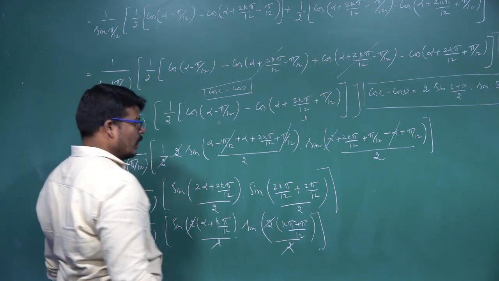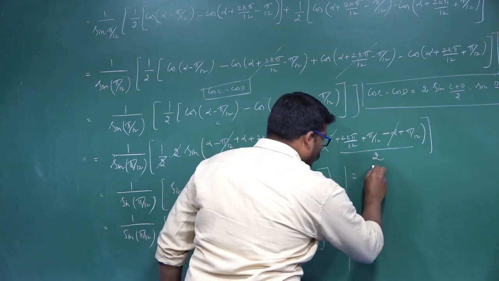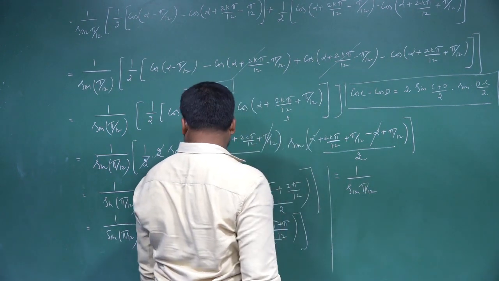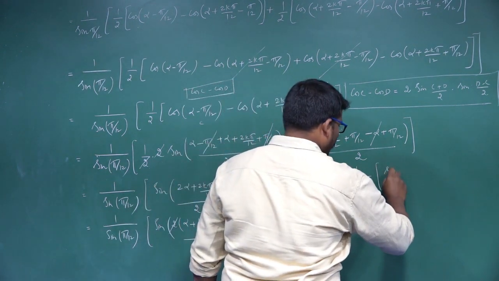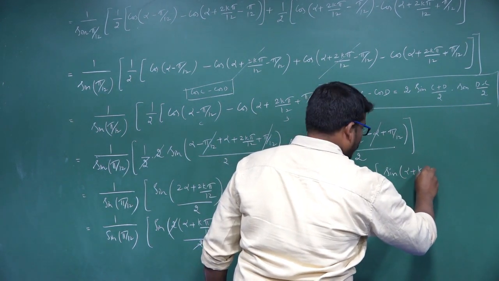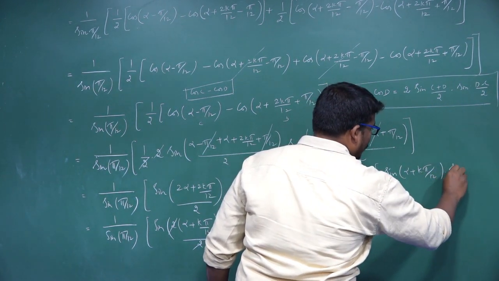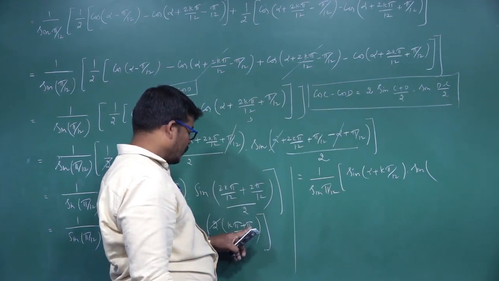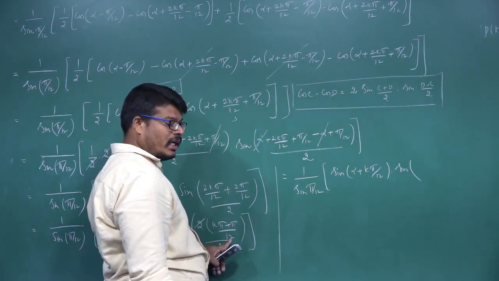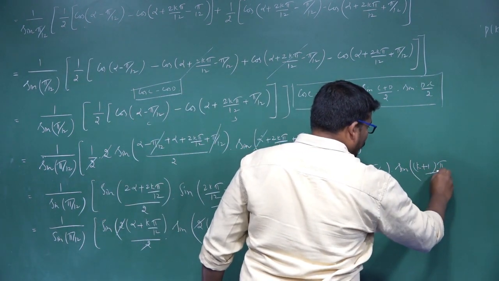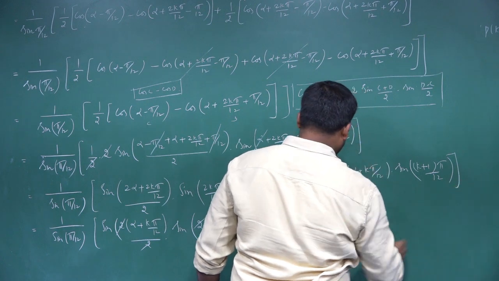That is equal to 1 by sin pi by 12 into sin of alpha plus k pi by 12 into sin of k pi plus pi by 12, which is k plus 1 into pi by 12.